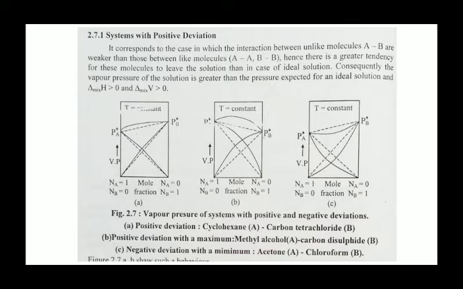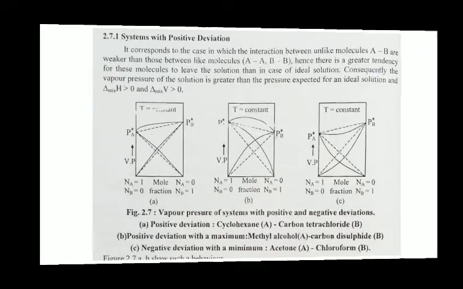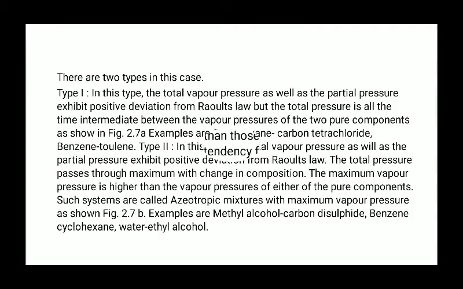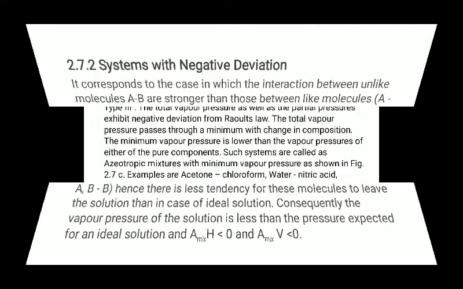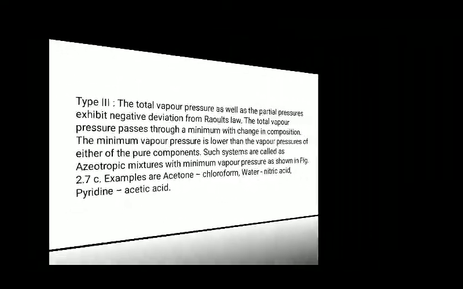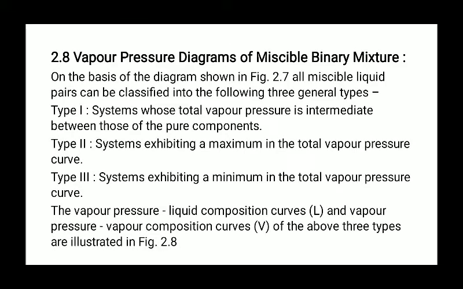First type is the system whose total vapor pressure is intermediate between those of the pure components. And second one is the system exhibiting a maximum in the total vapor pressure curve. The third is the system exhibiting a minimum in the total vapor pressure curve.